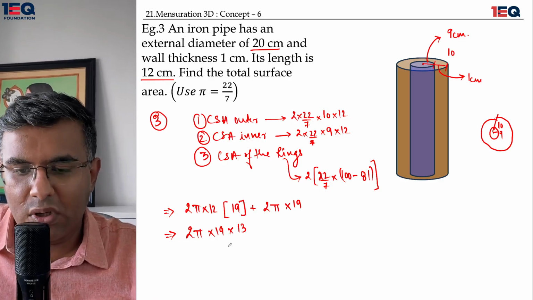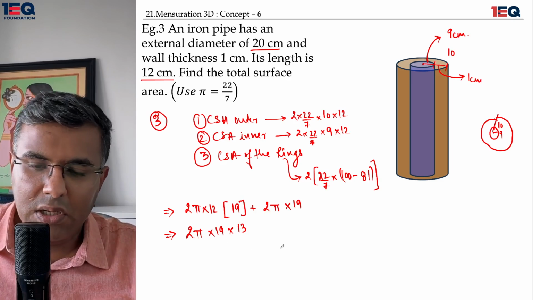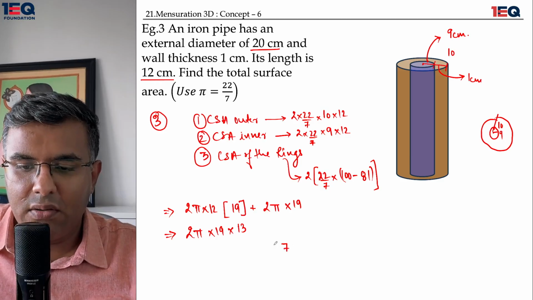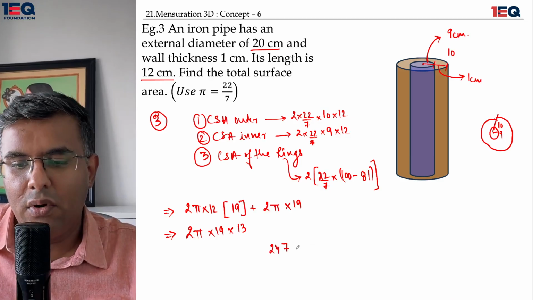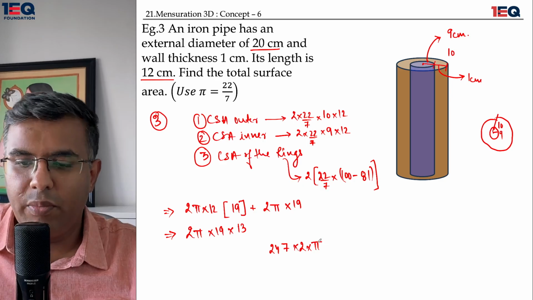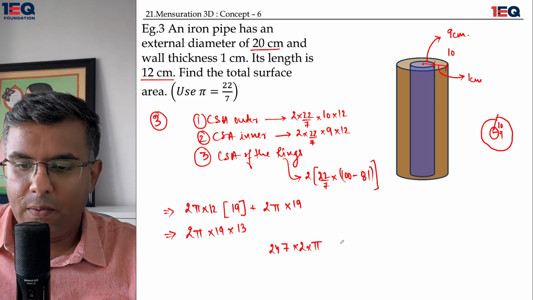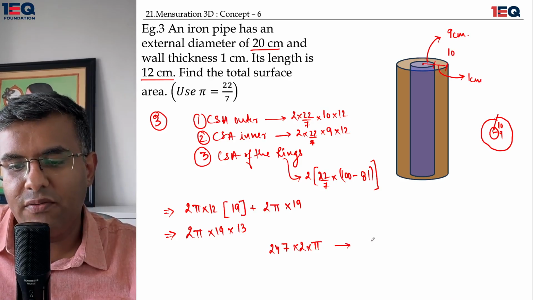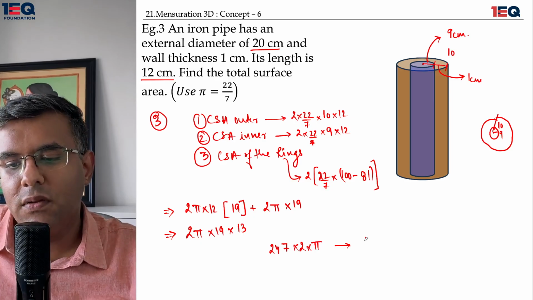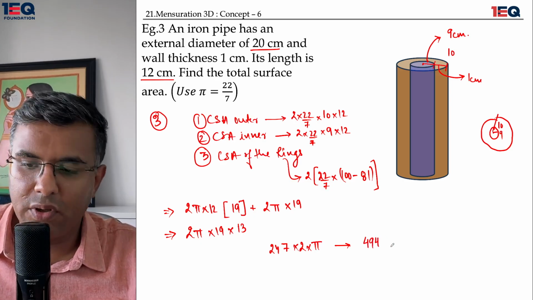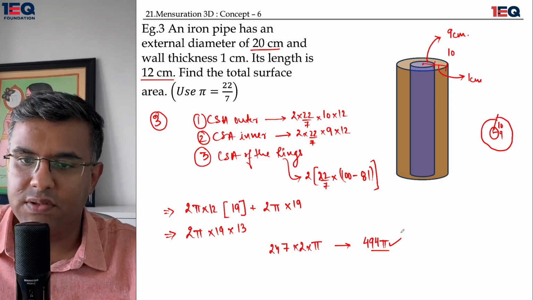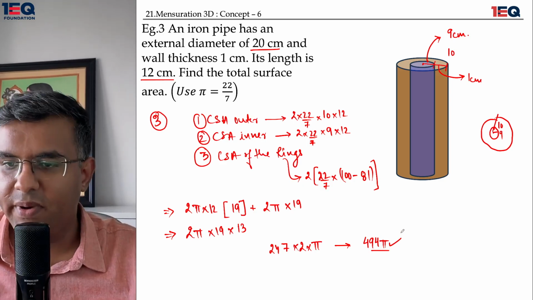So the total surface area in this situation comes out to be 19 threes are 57, 19 ones are 19, and this is 247 multiplied by 2 into pi. This would give me 494 here. 494 pi is my final answer.